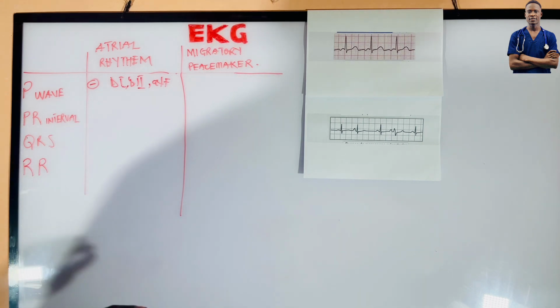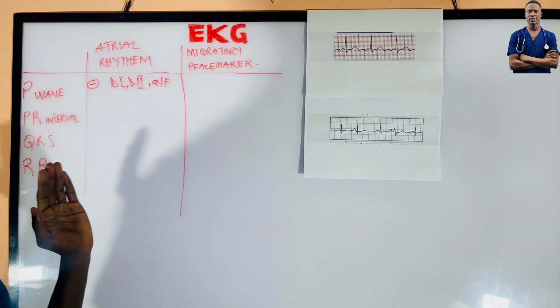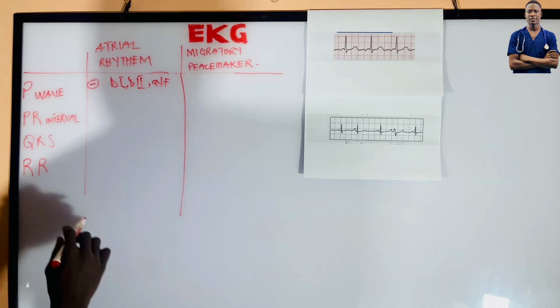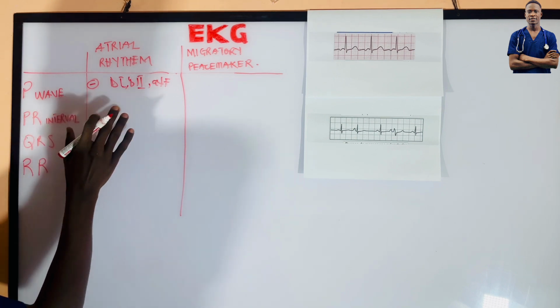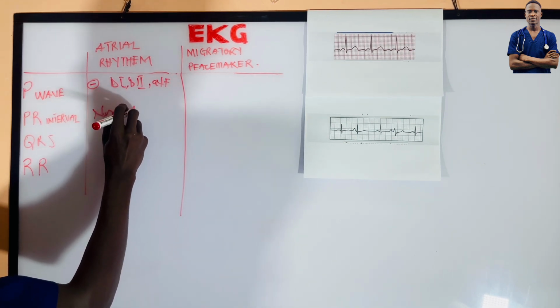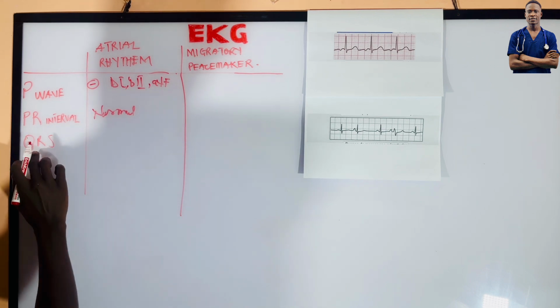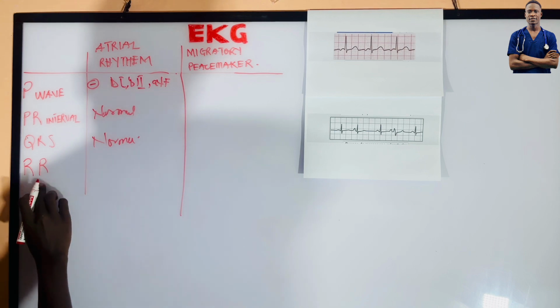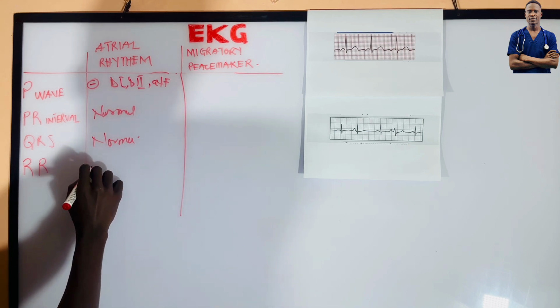If any of them is negative, it gives you an idea of an atrial rhythm. Now, let's look at the PR interval. The PR interval for the atrial rhythm is normal, and the QRS complex is also normal. The RR interval becomes what? Irregular.